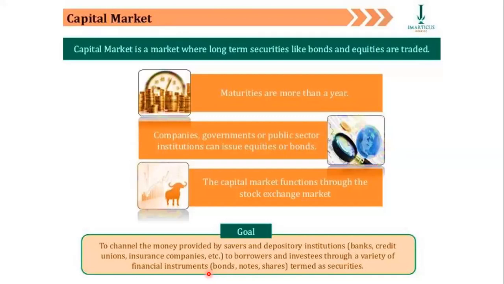The capital market helps them meet each other, so the funds flow smoothly. So the goal of the capital market is to channel the money provided by savers and depository institutions like banks, credit unions, and insurance companies to borrowers and investees through a variety of financial instruments, for example bonds, notes, and shares, termed as securities.